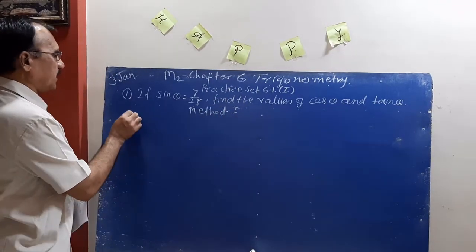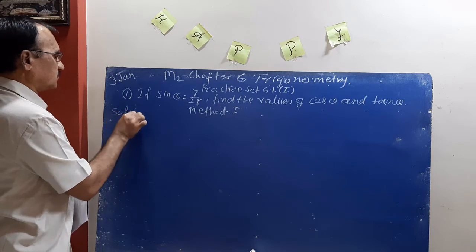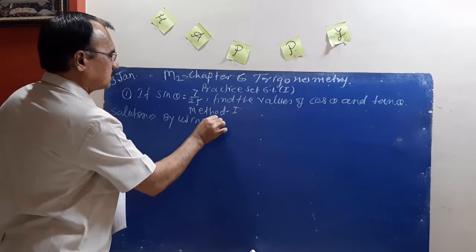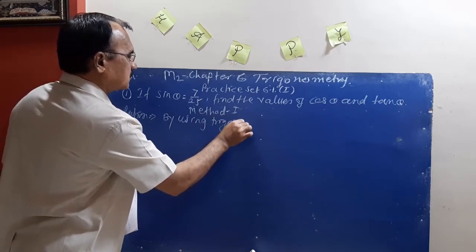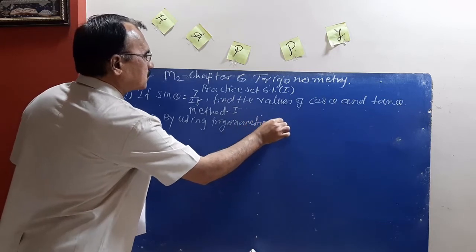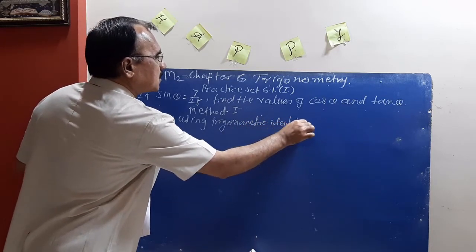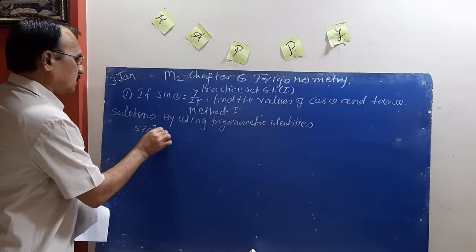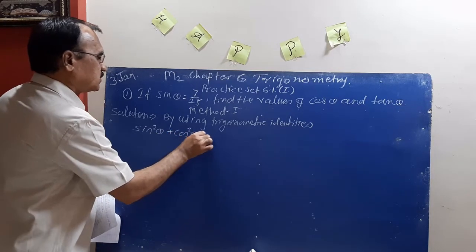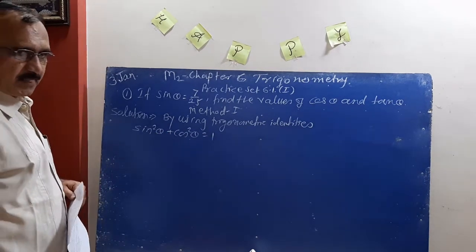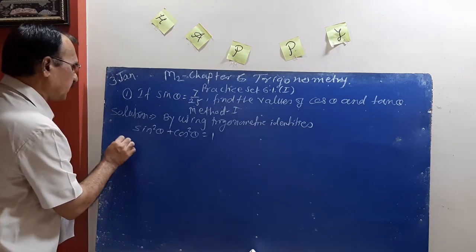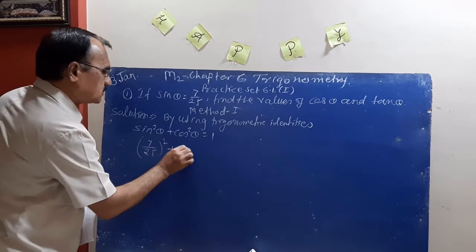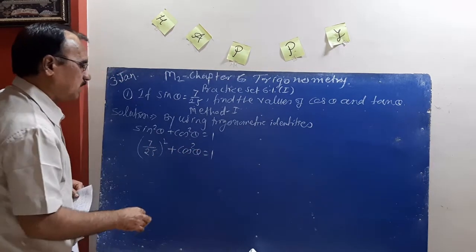Now, method first: by using trigonometric identities. Which one? Sin square theta plus cos square theta is equal to 1. Here we know sin theta is 7 upon 25, and therefore (7 upon 25) whole square plus cos square theta is equal to 1.